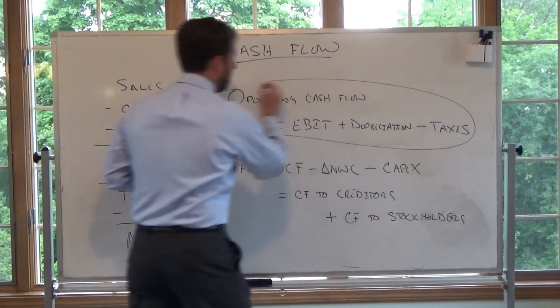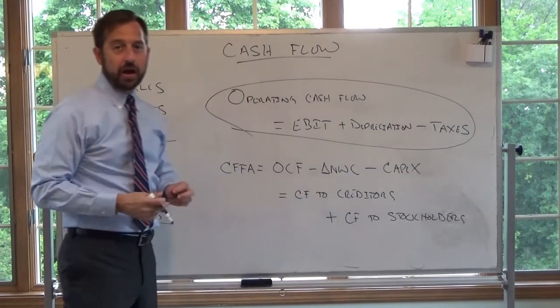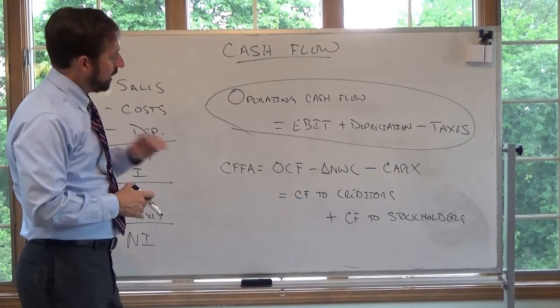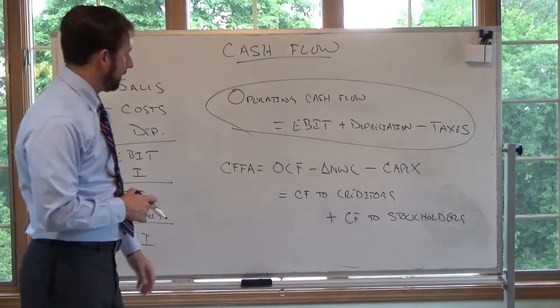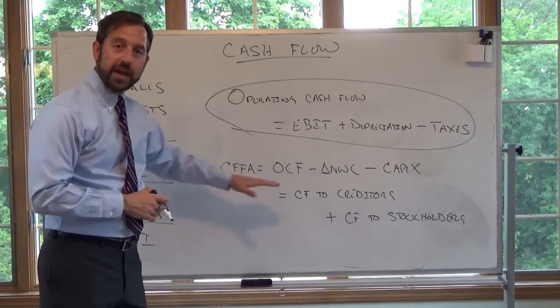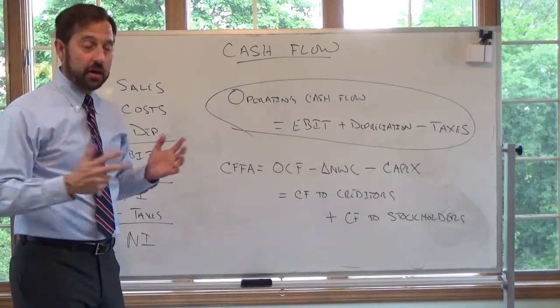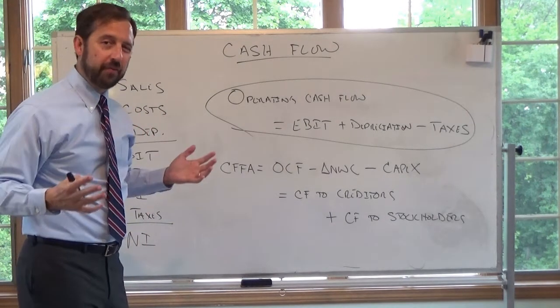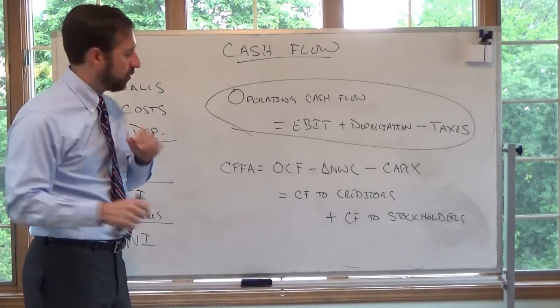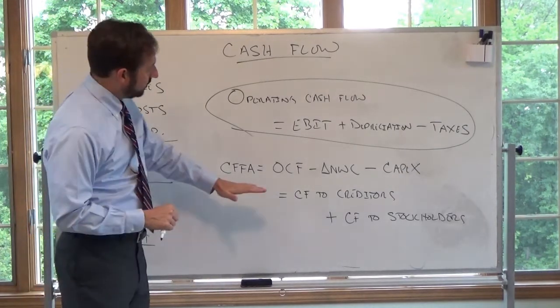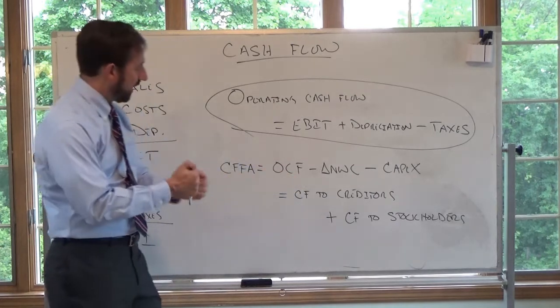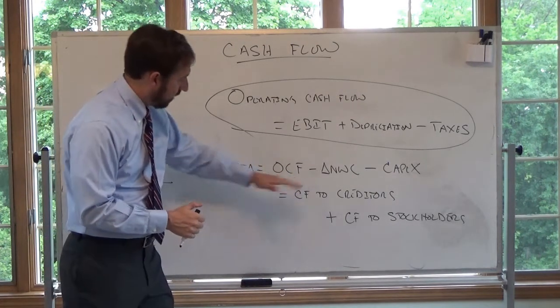If you're watching this video and you're not in my class, then your instructor may put more weight on the actual calculation of cash flow from assets. I'm going to talk about it briefly, give you an overview, tell you what's important to know, what's not important to know. So this is our cash flow from operating the assets, operating cash flow.